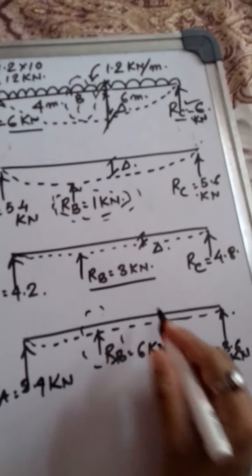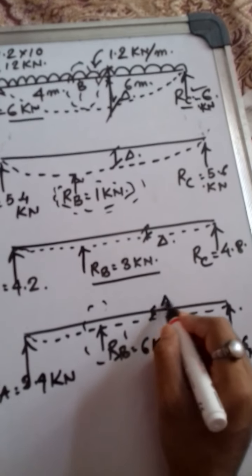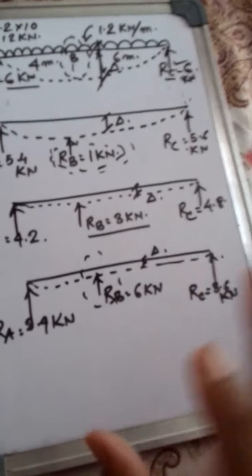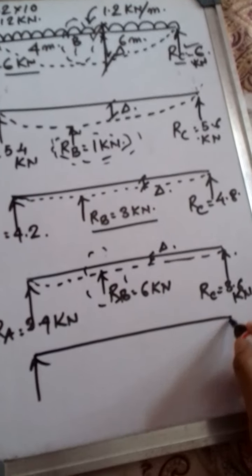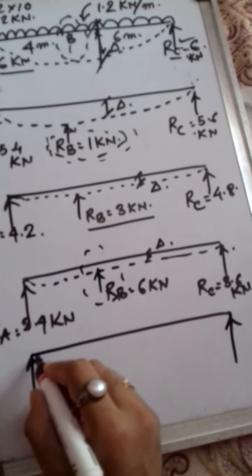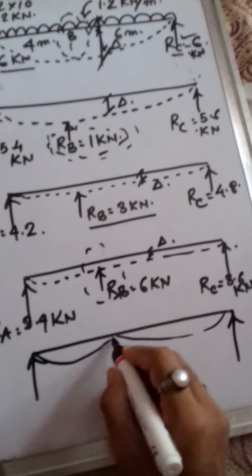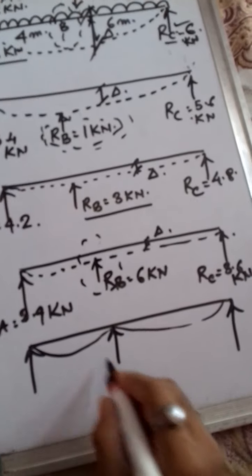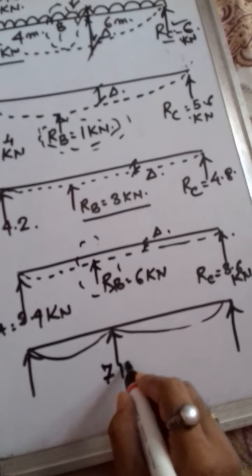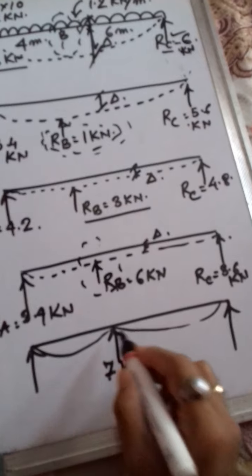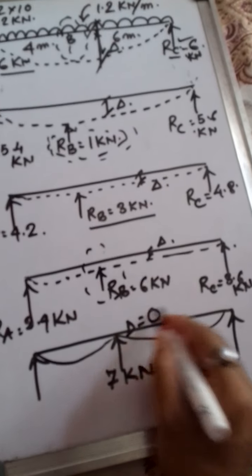Clear? So see, again the deflection is less, but still it is not zero. Finally the computer suggests that if you give RB equal to, suppose, 7 kilonewton, then the deflection will be zero at this point.